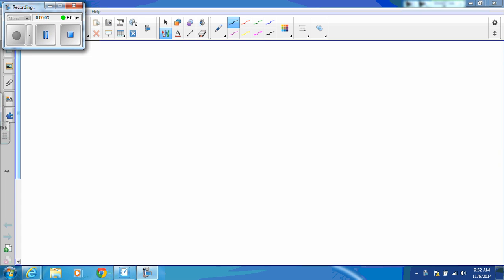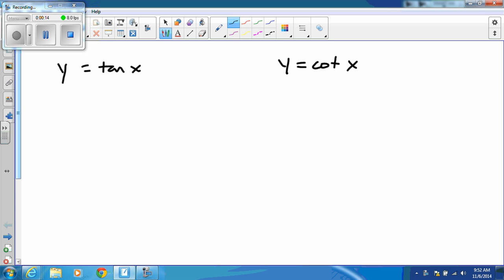The first thing we want to do is take a look at tangent and cotangent. And what I'd like for you to do is to sketch the graph to the best of your ability.